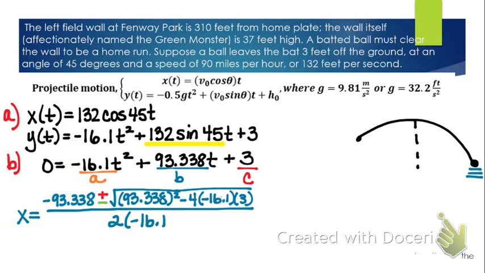So if you have a decent calculator, you can't do the plus and minus at once. You have to go through, do it with addition, get your answer, and then do it again with subtraction. But you should be able to type this entire numerator in one step, hit enter, divide it by 2a, get your first answer, and then do it again with subtraction.